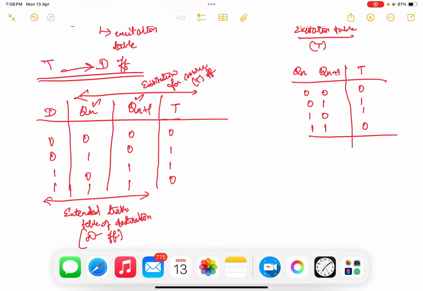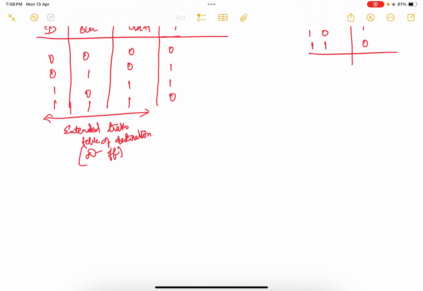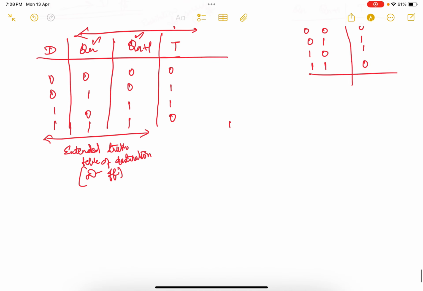Based on this we are going to draw the K map reduction for the source, the T flip-flop, where you got your output as 1.